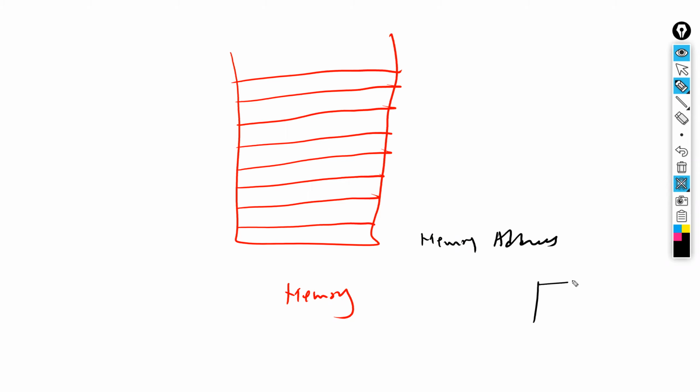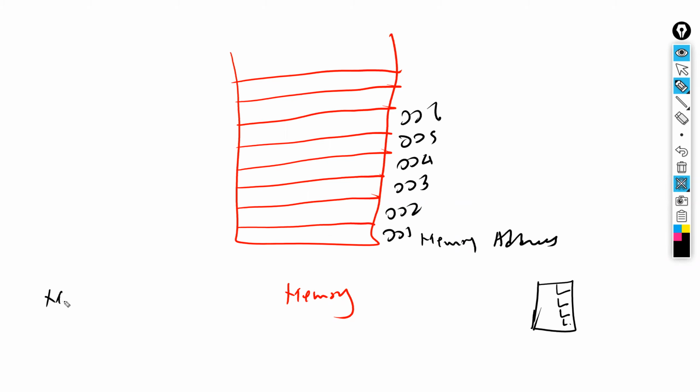It's like our big cupboard that has small lockers. Like with memory addresses, we say 001, 002. These are memory addresses. Not only memory address, we also say these are memory locations. Memory address and memory location have the same meaning.